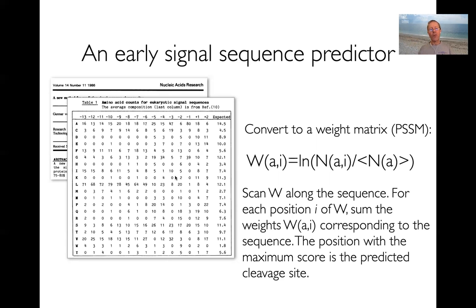Is it high enough that we qualify it as a signal peptide, or not? And you can also, from the highest scoring position, make a prediction for where the cleavage site is in the sequence.